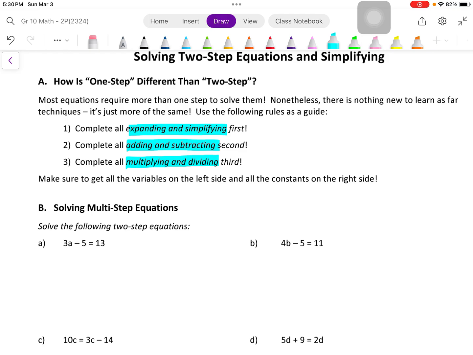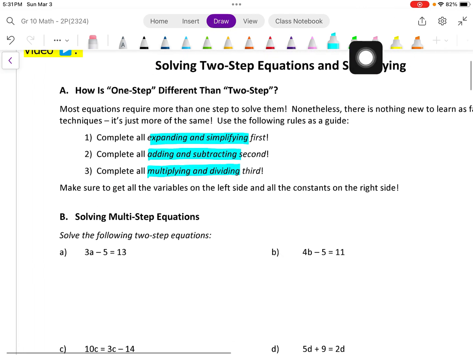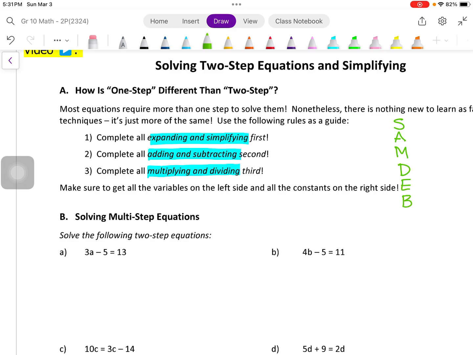When we're solving equations, we're working backwards to figure out how much a variable is worth. And so we're actually starting with adding and subtracting, and then we're moving to multiplication and division. Now, if we had exponents or brackets, those would come last.